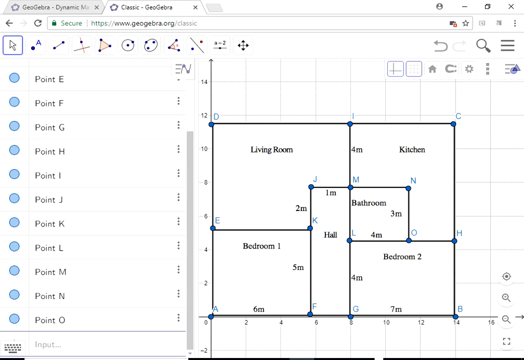And then G to I, so that whole hall right there, is 11. We know E to K is 6 since it's congruent to A to F. And we know J to M is 1 meter. F to J would be 7 because 5 plus 2 equals 7.